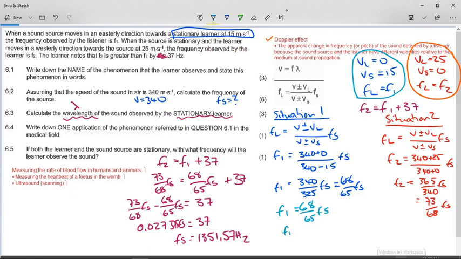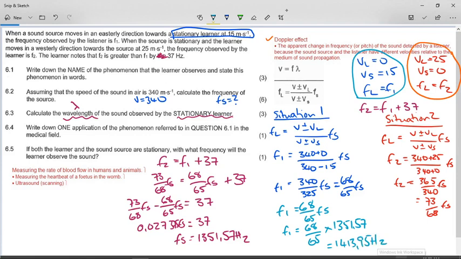So what is actually the frequency heard by the stationary listener? It's going to be 68 over 65 times 1351,57 hertz, and this works out to be 1413,95 hertz.